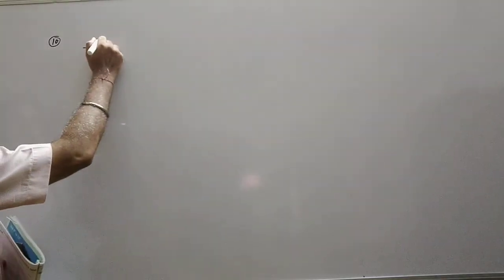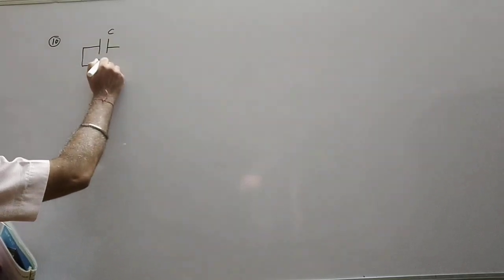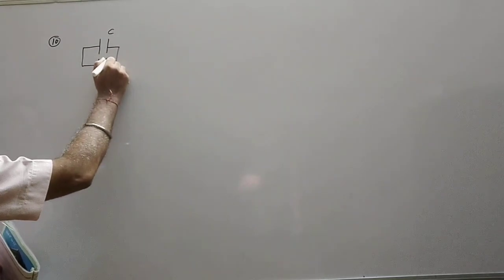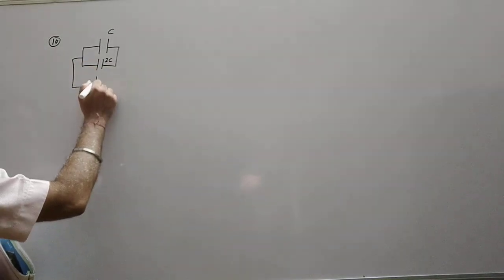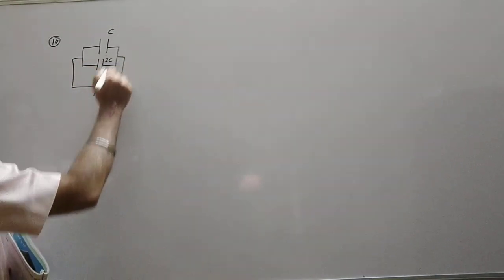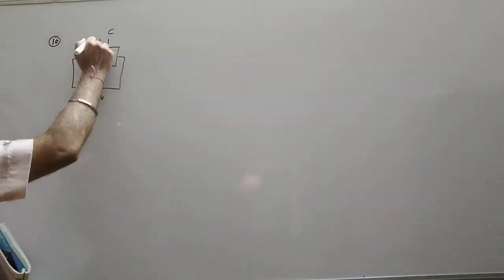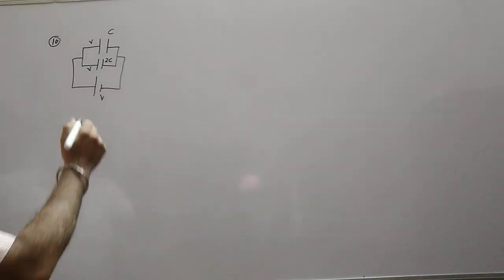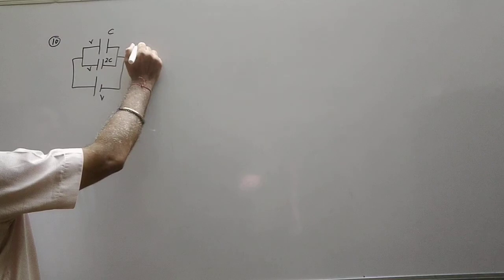So we have two capacitors connected in parallel. One is capacitor C, another is capacitor 2C. Both are connected with a battery of V volt, so the potential on each capacitor is V. In parallel combination, the potential remains the same. So I can find the total charge on it.